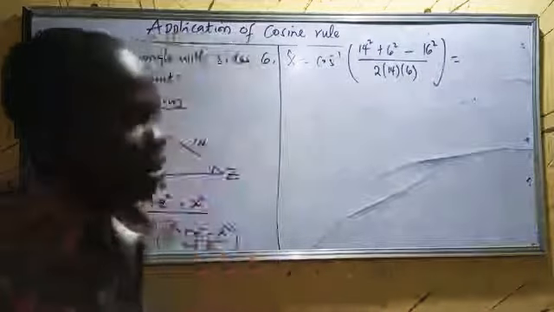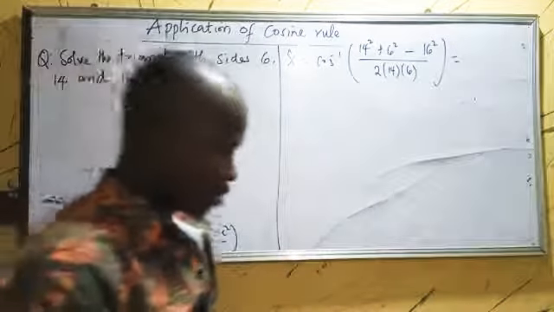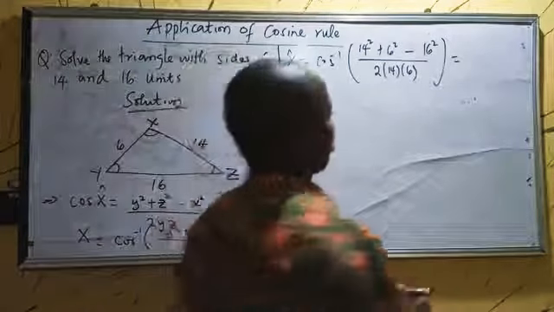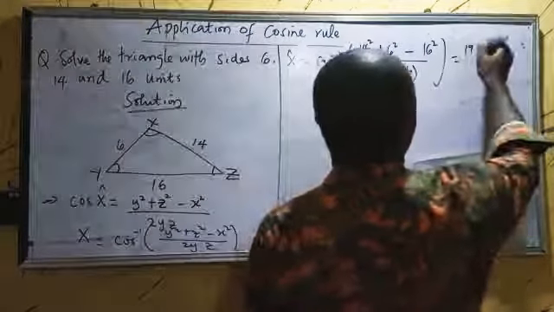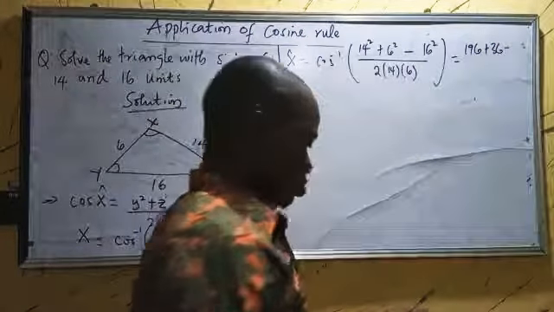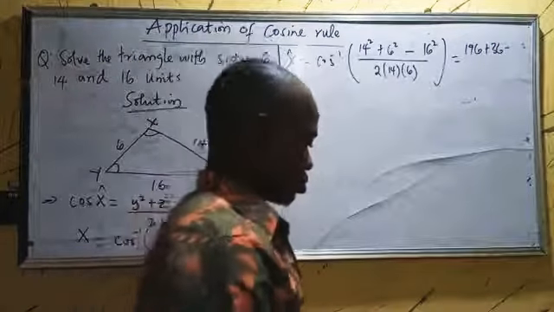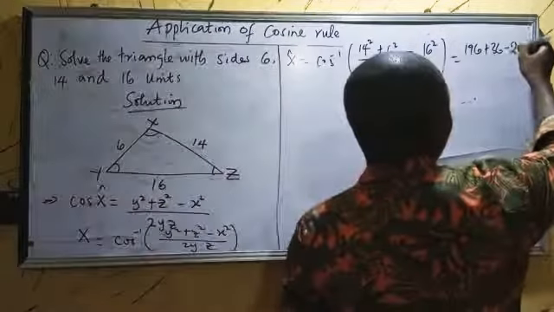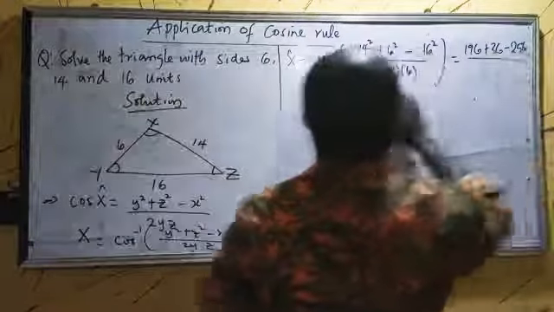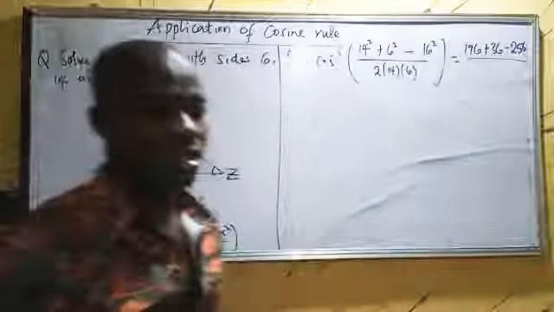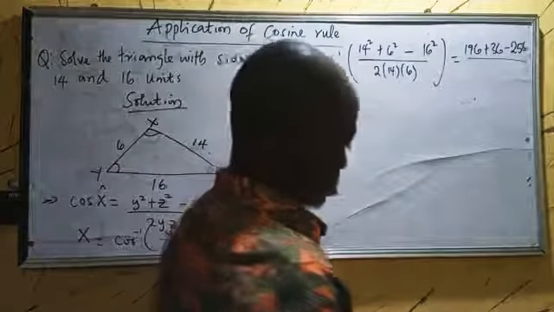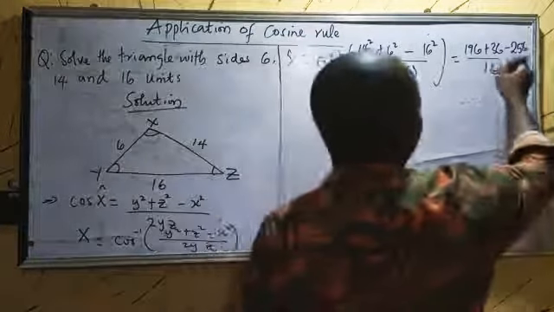Now from here, what's the next thing we are going to do? You press your calculator. 14 squared gives us 196. So we have 196 plus 36 minus 16 squared, which will give us 256, over 2 times 14 times 6, which is 168.